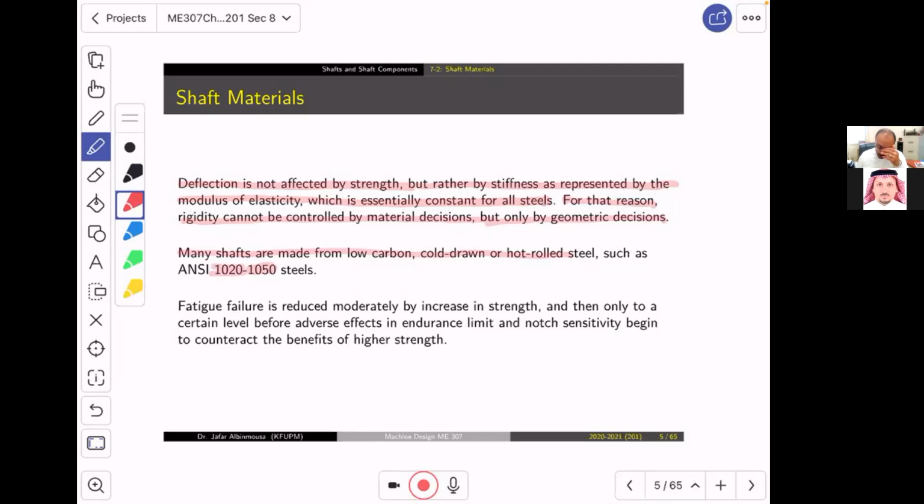And you need to notice one thing, that fatigue failure is reduced only moderately by increasing the strength. So in other words, if you increase the strength, you may not get too much benefit. I'm going to give you one little example: you don't always need to increase the strength. In reality, ya shabab, what we said about fatigue is that it is related to the idea of crack initiation and then the crack growth.